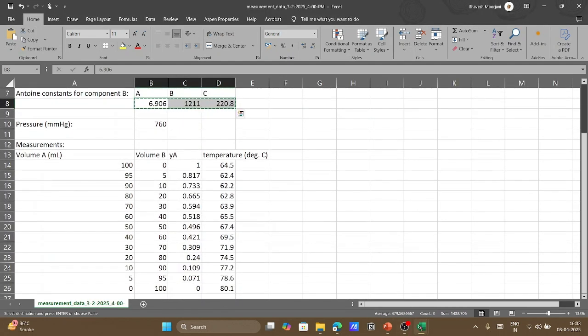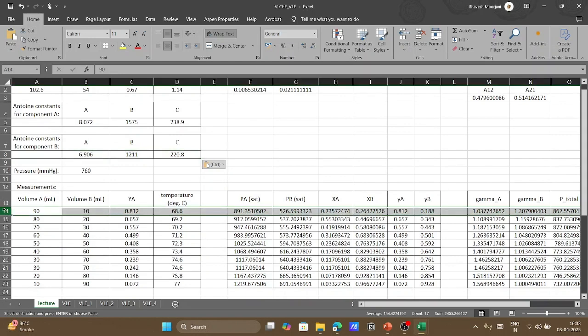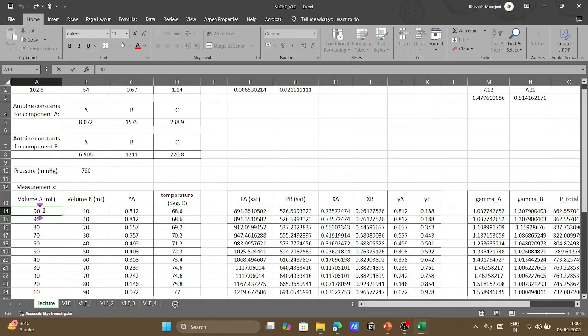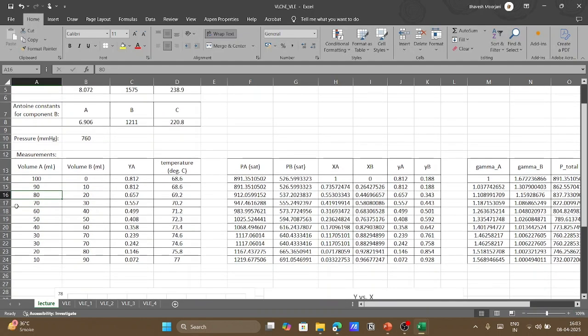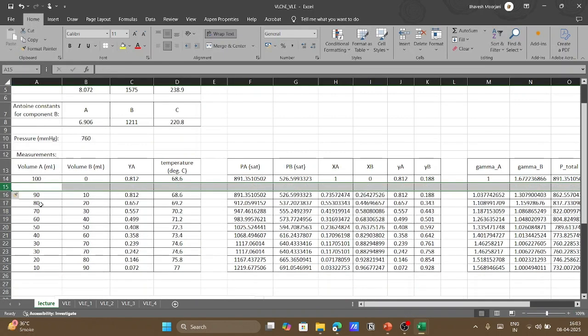Now our initial sample starts from, so we have initially 100 ml of A and B is 0, then 95, 90, 80, 70, 60, 10, 20.